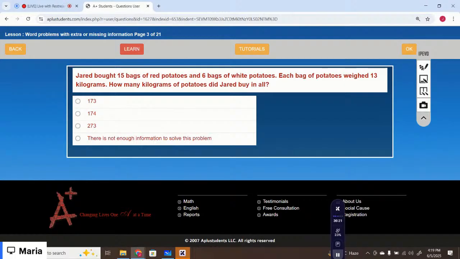So 15 plus 6 is 21. So 21 times 13 is 273. Option number B is the correct option. That is 270.